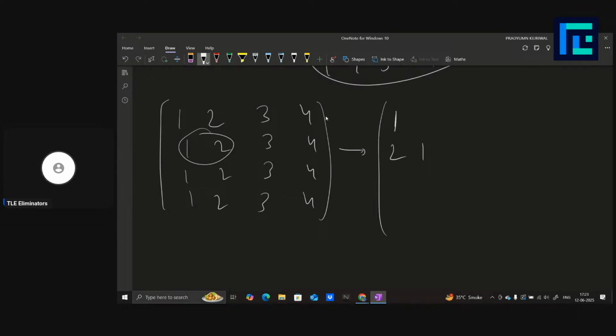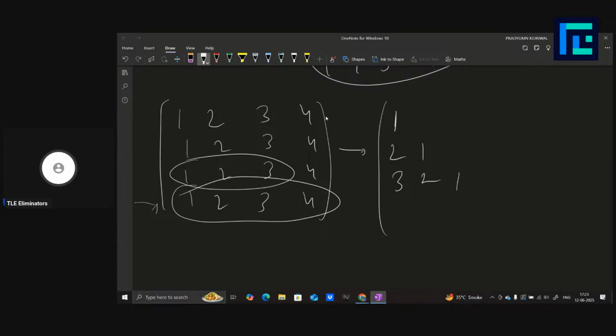So I do 2 comma 1, right? Now I come to this. Again I need to reverse either this or this or this. But if I reverse this thing, then 2 will come here also, and that is not cool. So what we will do is reverse this subarray, 3 2 1, and when we come to this row, we will reverse this entire row. So 4 3 2 1, right?